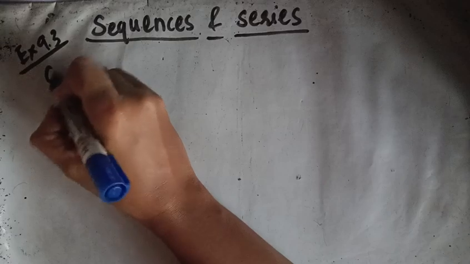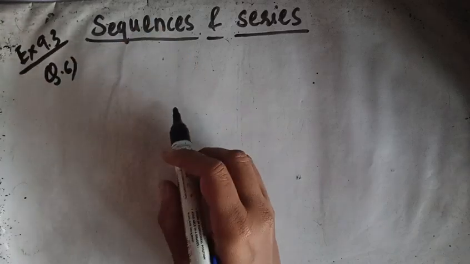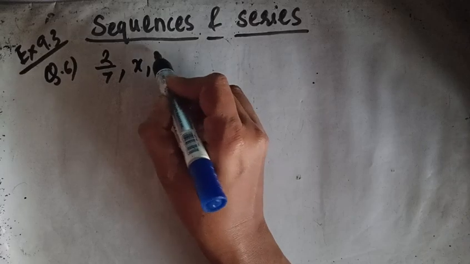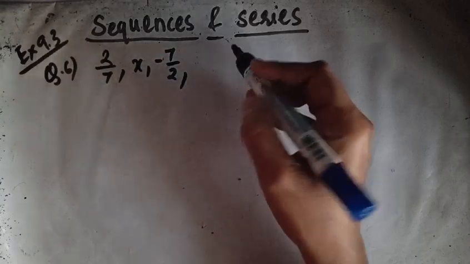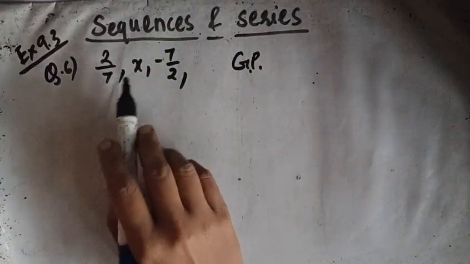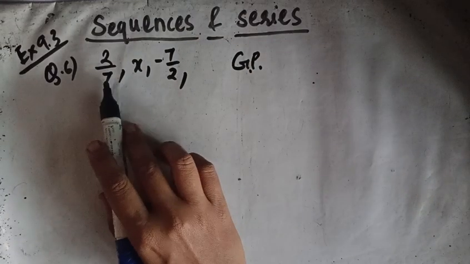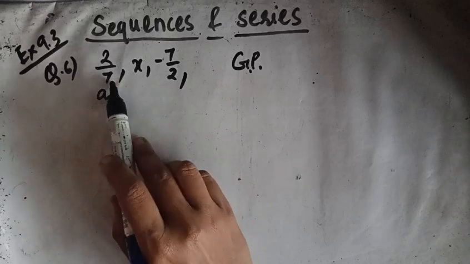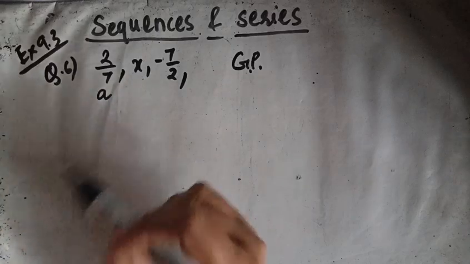Okay, question 6. For what value of x are the numbers 2 by 7, x, minus 7 by 2 in GP? We have to find the value of x. This is your A, and R we can find by taking the common ratio.